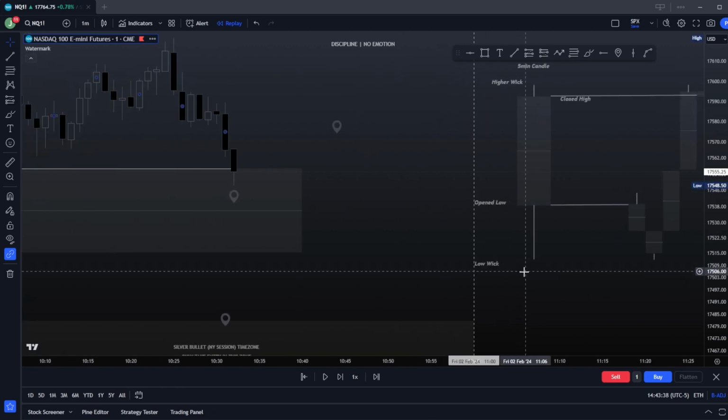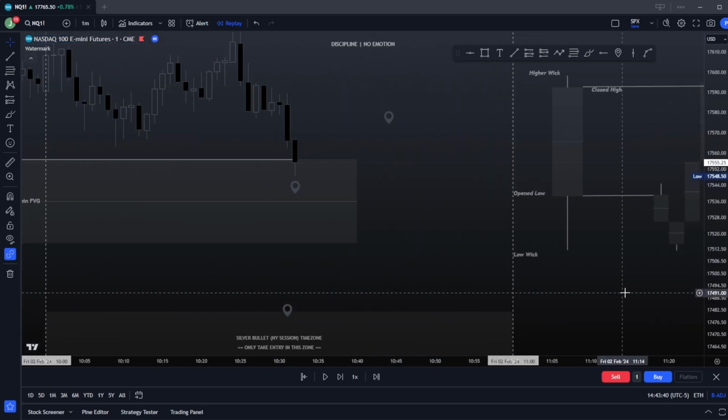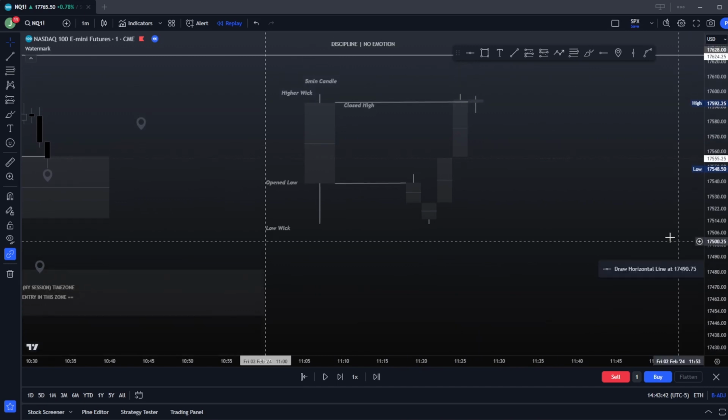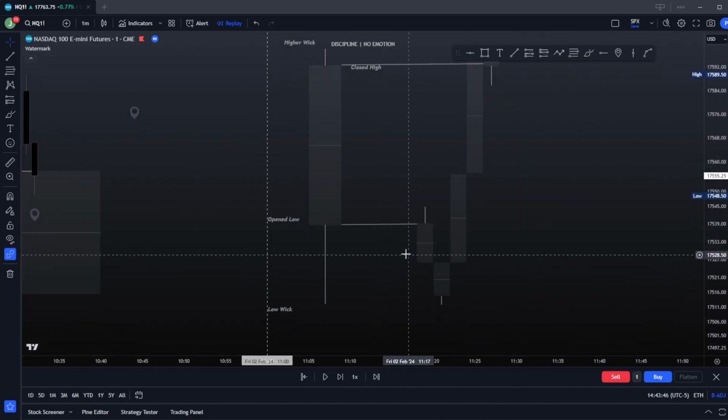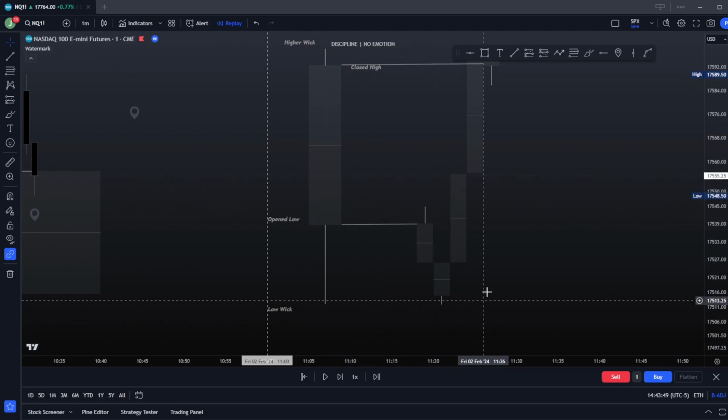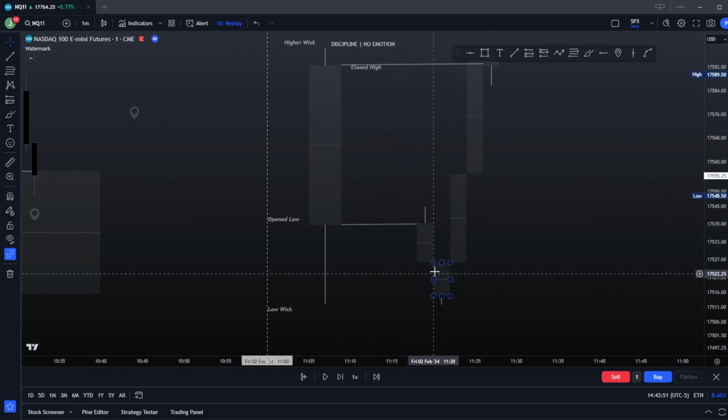Now, when it comes to half-life, notice how I drew it in a pretty specific way. In the first 2 candles, it pushes one direction, and that creates that bottom wick.